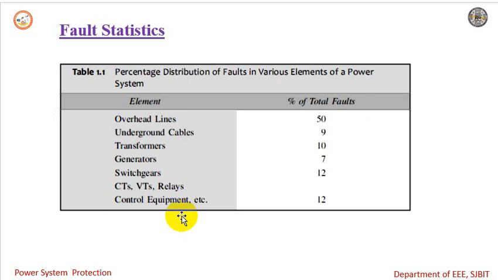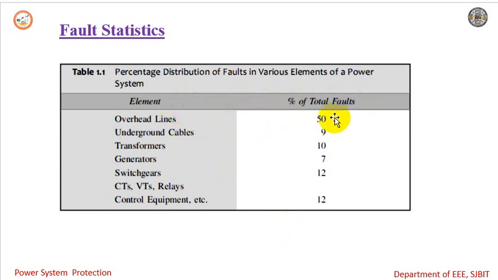Now let us look at a few statistics about the faults. This table shows the percentage distribution of faults in the power system on various elements. Here we have elements and percentage of total faults. In overhead lines, the occurrence of faults is around 50%.